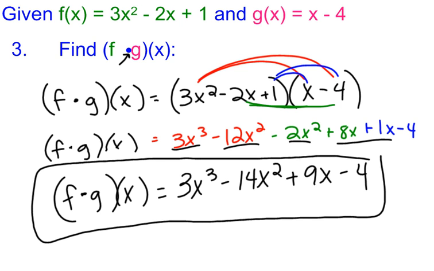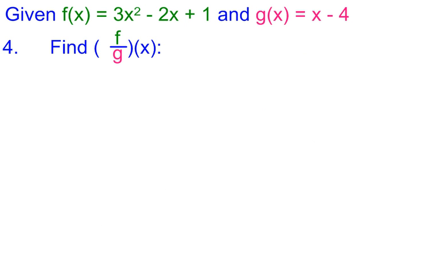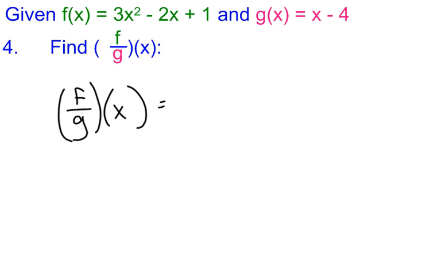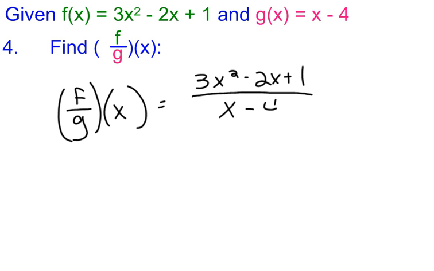And then the last one we're going to do is division. This one's saying find f divided by g of x. So I would write my f as my numerator, divided by my g of x, which is x minus 4. Now, for what we're learning right now, this is all you have to do with this problem.